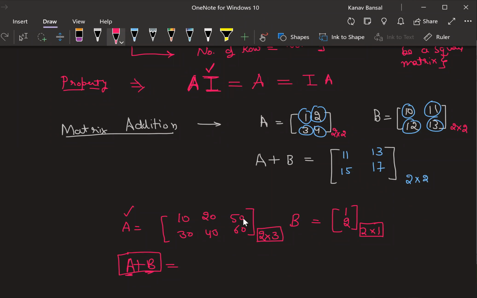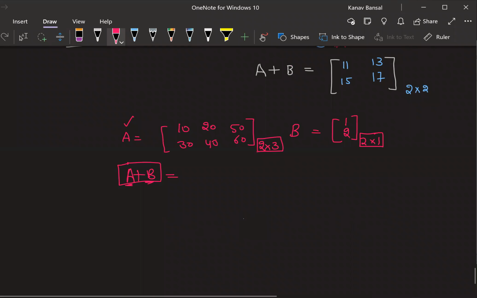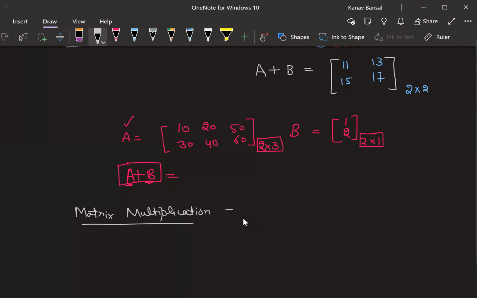Now we also have something called matrix multiplication. Now what is matrix multiplication? If I have a matrix A and a matrix B and I want to multiply these two matrices, what should be the case?